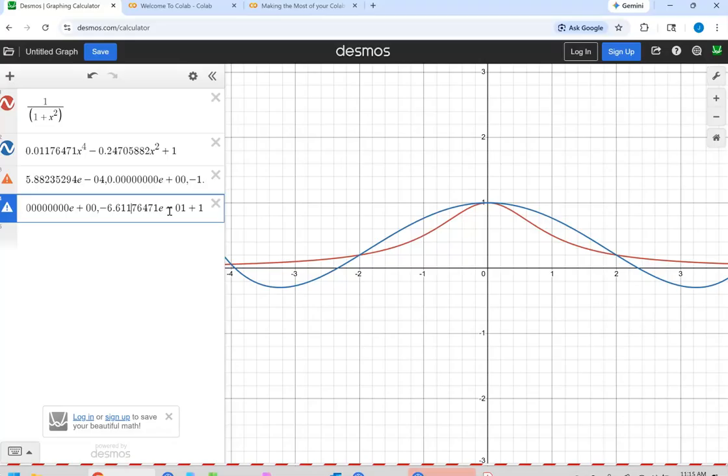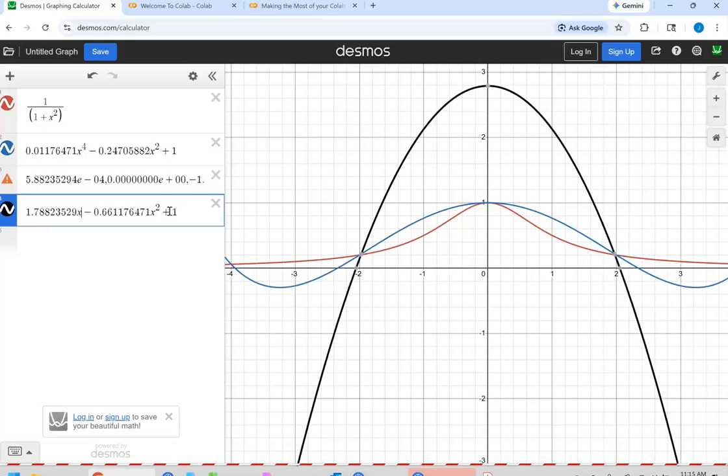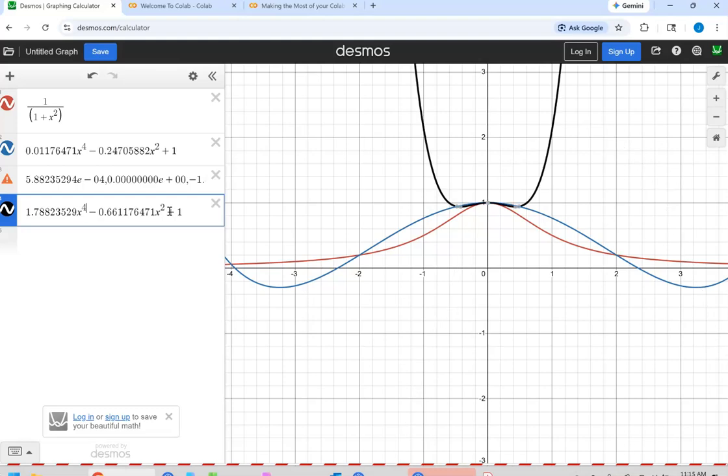Looks like I'm going to need to move the decimal spot over one place to the left. Make this an x squared. X to the fourth. Oops.